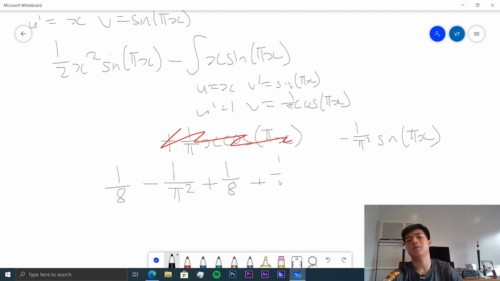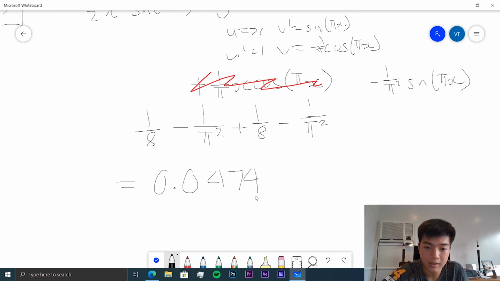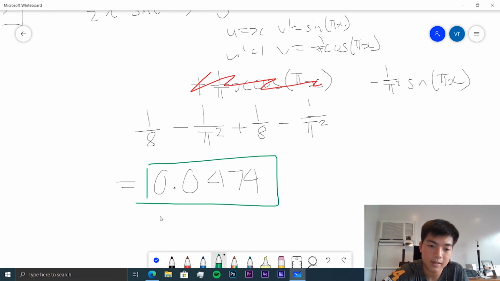Or is this minus 1 over pi squared? Yeah, this should be minus 1 over pi squared again. So what in the world is this equal to? This is equal to 0.25, 1/4, minus 2 divided by pi squared. So I got something like 0.0474 as the variance. Okay.